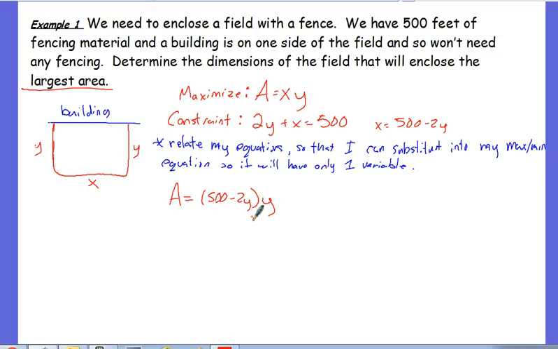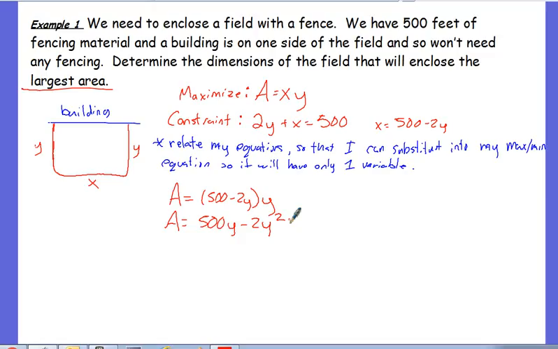Agreed? Area is really 500y minus 2y squared. This is my y. So x was 500 minus 2y, y is still y. Right? Does everybody understand where I got the 500y minus 2y squared?